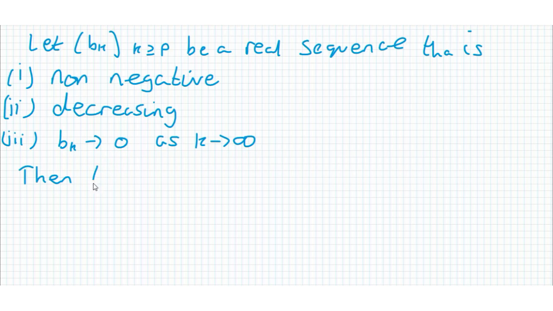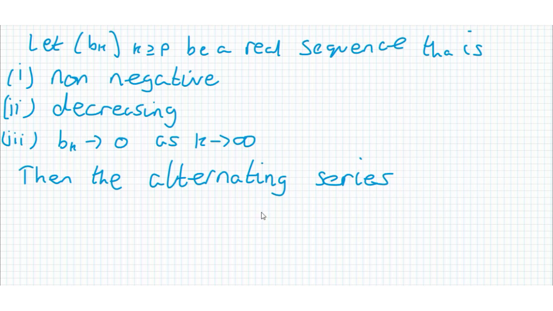Then the alternating series, and you'll see why we call this the alternating series test now, because an alternating series is a sum from k equals p up to infinity of (-1)^(k+1) bk.